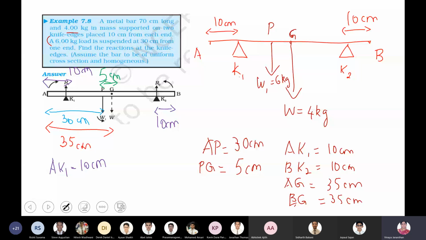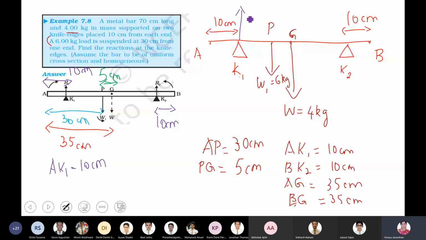Yes or no, boys? The metallic rod AB is exerting a force on K1, then K1 will also exert an equal amount of force in the upward direction. That is what we call a normal reaction. Here they have taken it as R1, so I'll take it as R1 itself.